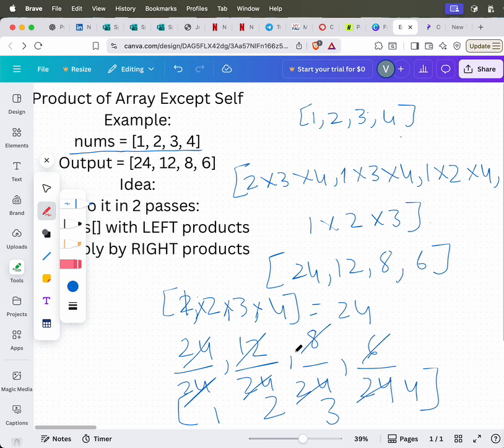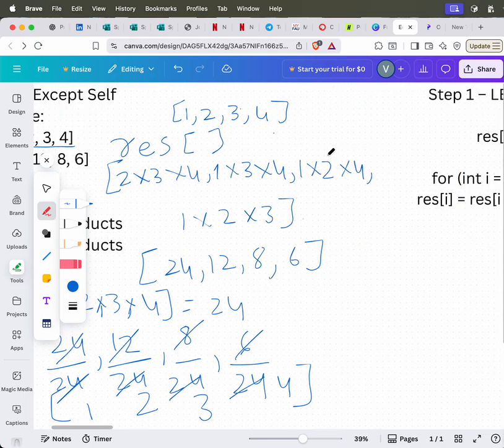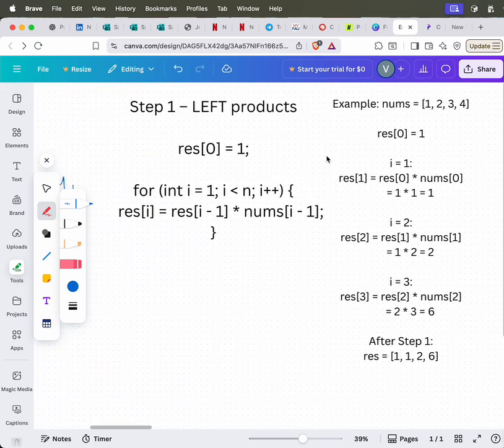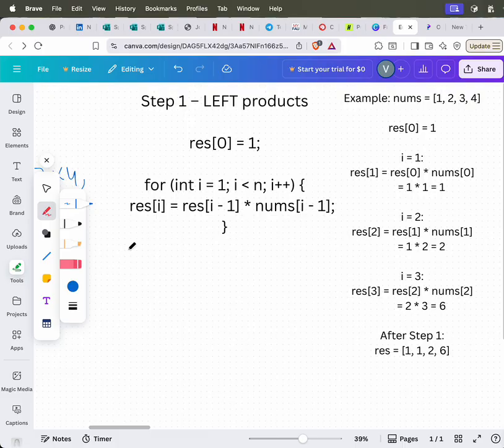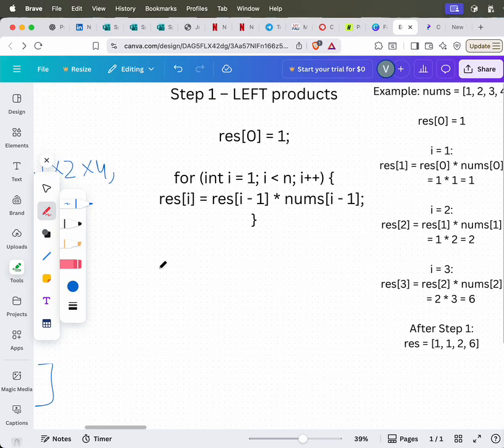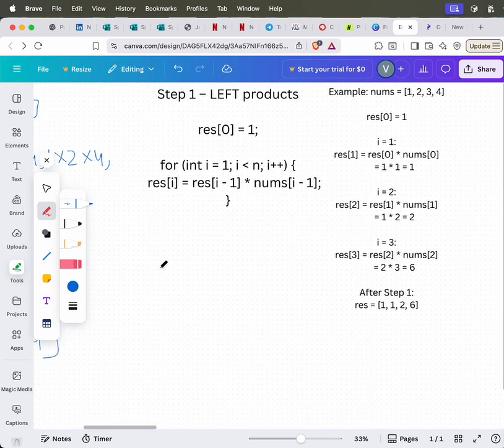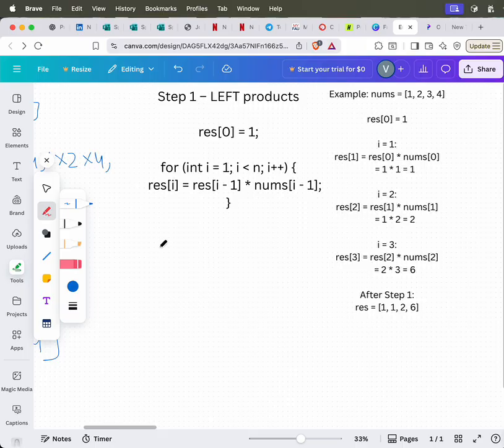We will solve this in the simplest manner. The basic thing is we will create an empty array called res. So this is an empty array. Okay, that's it. First we'll do the left product. To understand this, we have to deeply understand why we are taking left and why we are taking right.